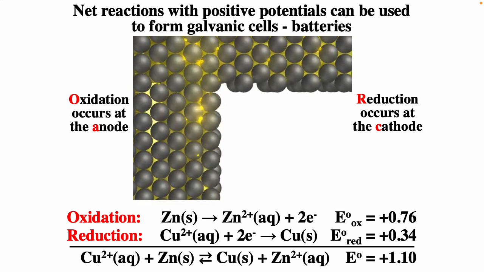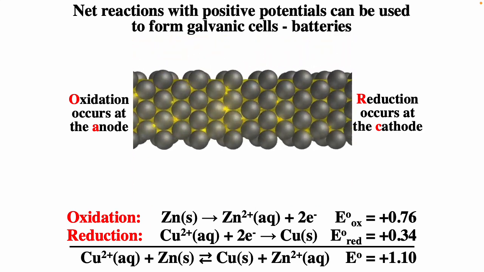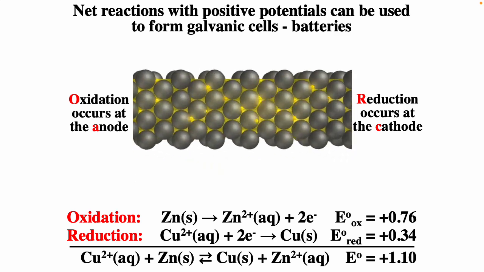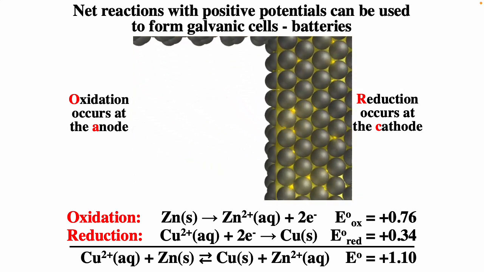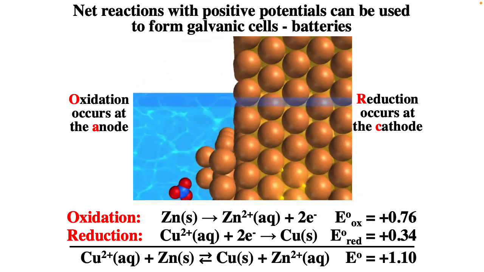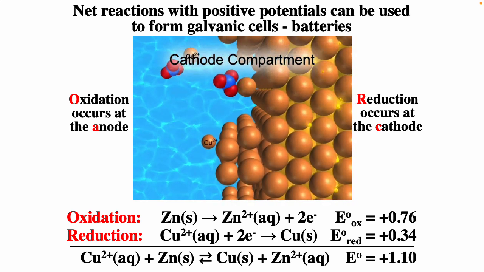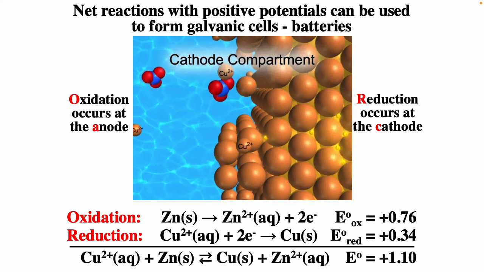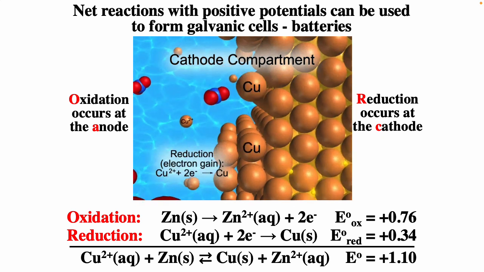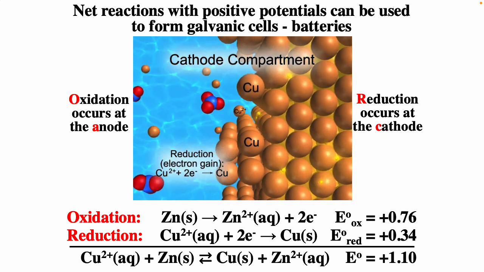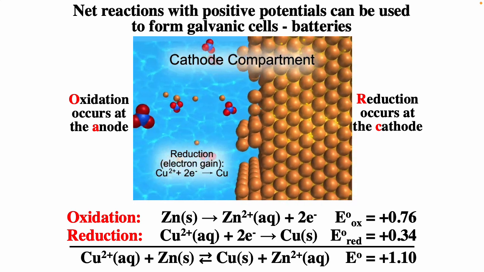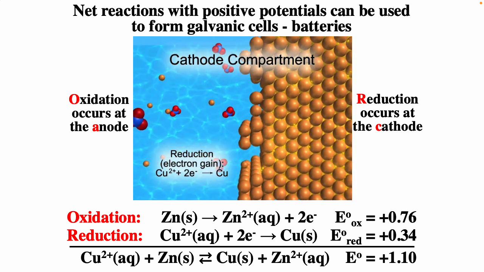They travel through the wire and flow into the cathode, the site of reduction. When a copper 2 ion in the cathode solution makes contact with the copper electrode, it gains 2 electrons and is reduced to a copper atom, which deposits on the bar. Therefore, as the cell runs, the zinc anode becomes lighter, and the copper cathode actually gets heavier.